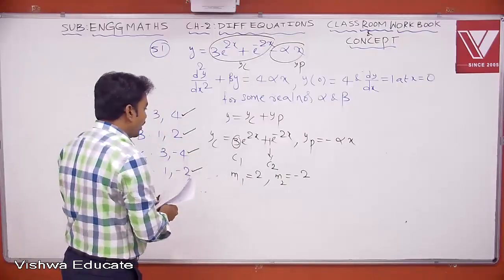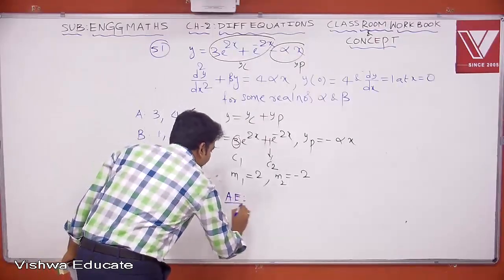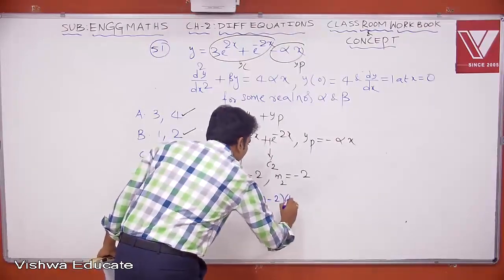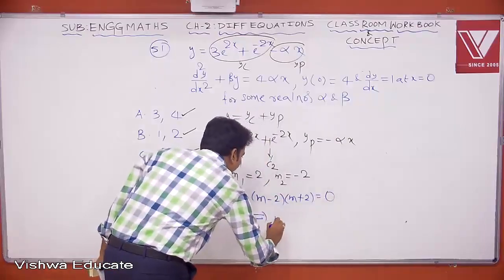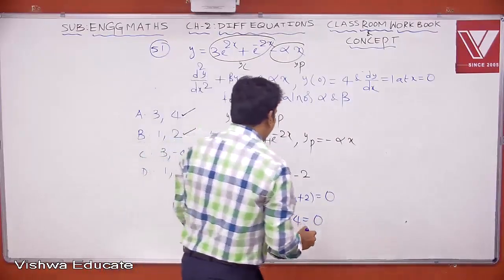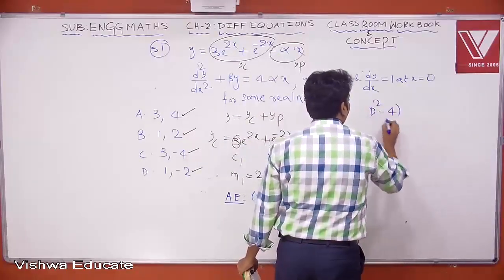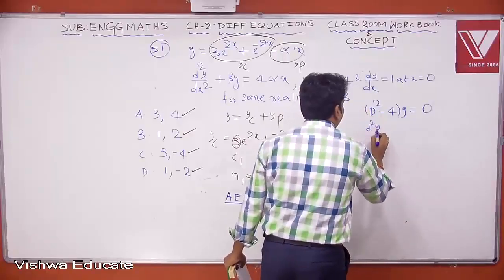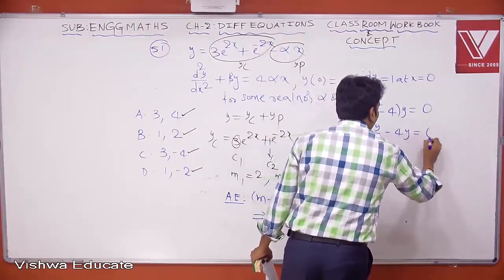Therefore, when the roots are like this, my differential equation will be like this. So I can first write the auxiliary equation: m minus 2 into m plus 2 equal to 0. This implies m square minus 4 equal to 0. Therefore, the corresponding differential equation is d square minus 4 of y equal to 0, which is d square y by dx square minus 4y equal to 0.